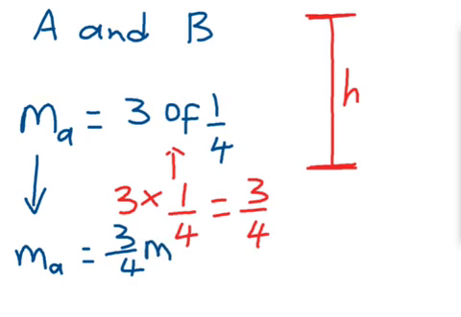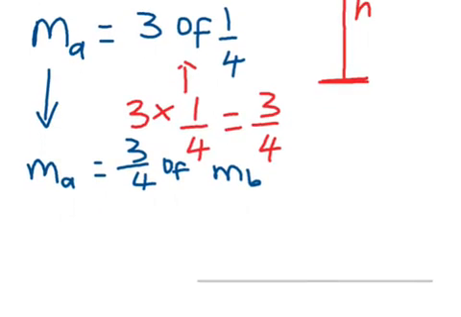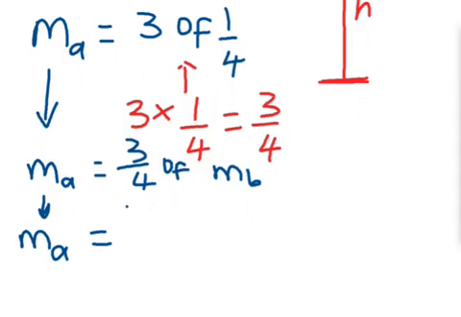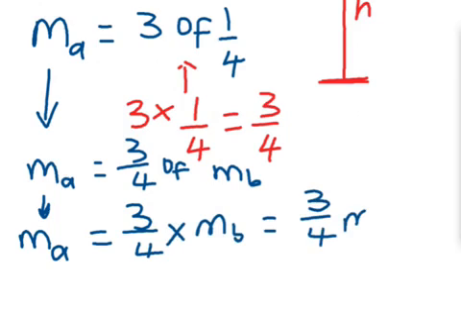B. Another way we can write that is to say the mass of A is 3/4 of the mass of B. So we'll convert that "of" to multiplication again, and then we can see that the mass of A is 3/4 times the mass of B, which gives 3/4 MB. So we can see that the mass of A is 3/4 that of B.